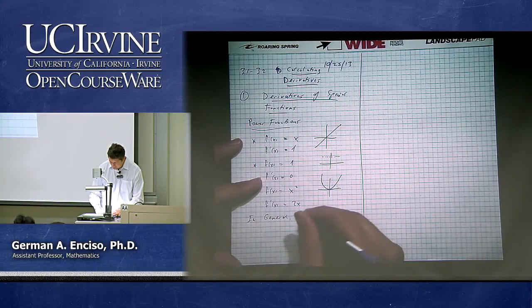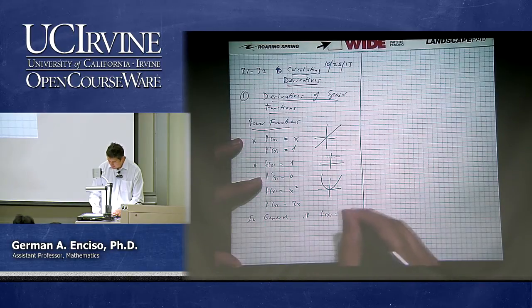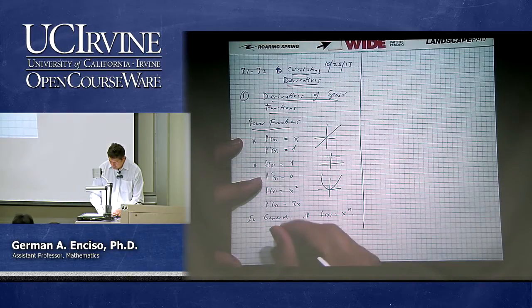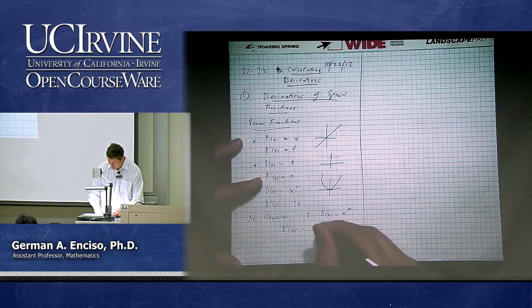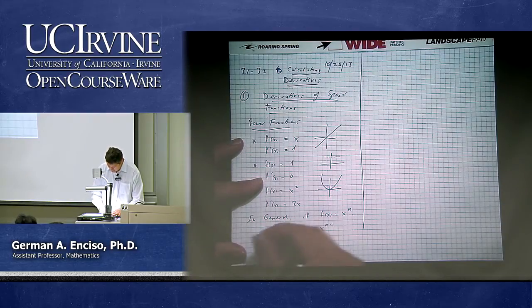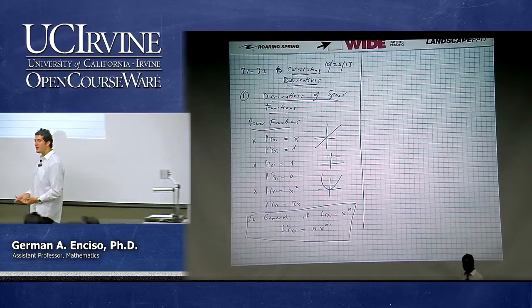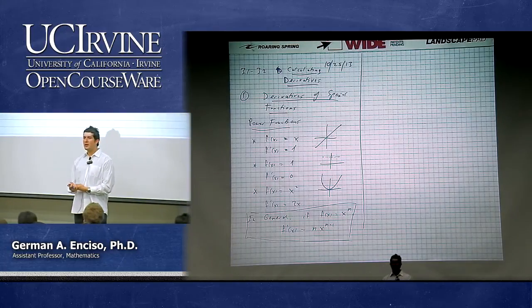Okay, so in general, if f of x is equal to x to the n, then f prime of x is equal to, as it turns out, nx to the n minus 1. Okay, so that's a very, very useful formula because it can allow you to calculate the derivative of a lot of functions.